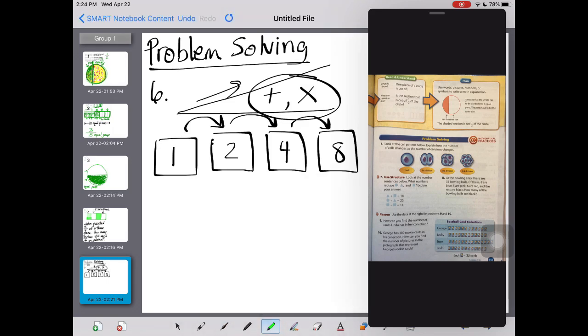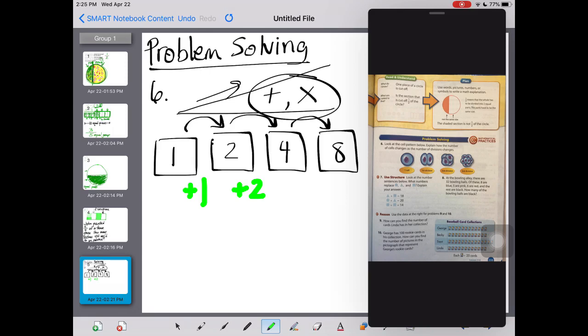Let's look at addition first. In order to get from 1 to 2, I have to add 1, right? In order to get from 2 to 4, I'm going to have to add more than 1. Looks like I have to add 2. That's not the same.